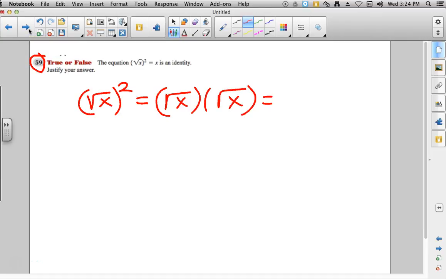Now when you multiply two square roots together, you get a square root. And x times x will give you x squared. And the square root of x squared is x. So that would be a justification for our answer, an algebraic justification of what we're doing.